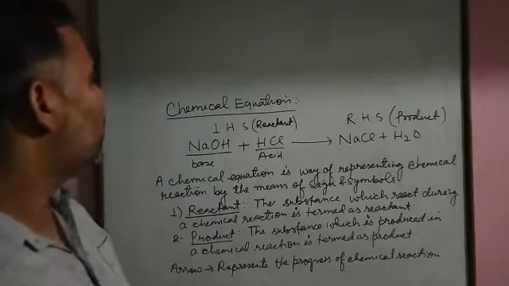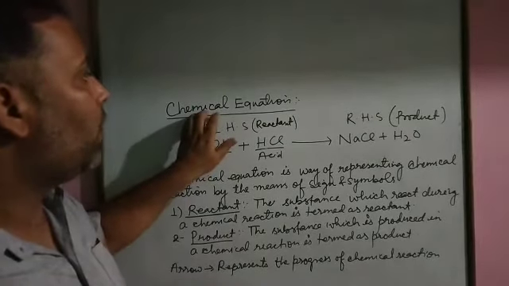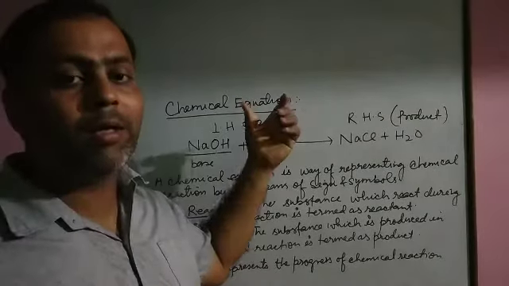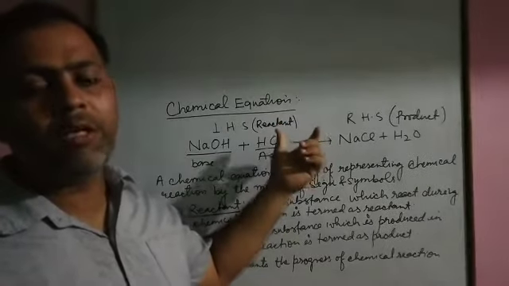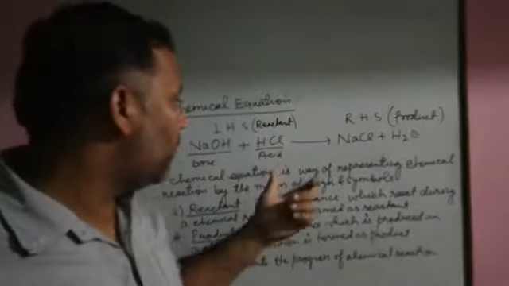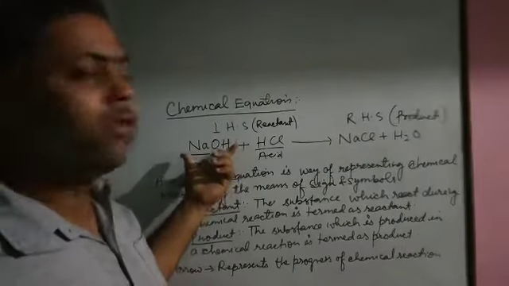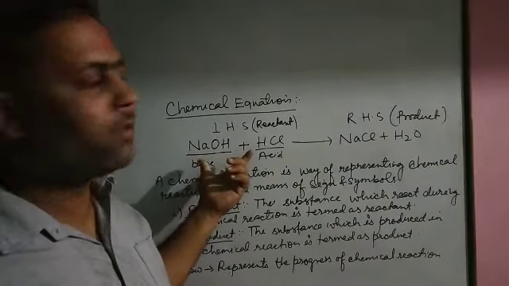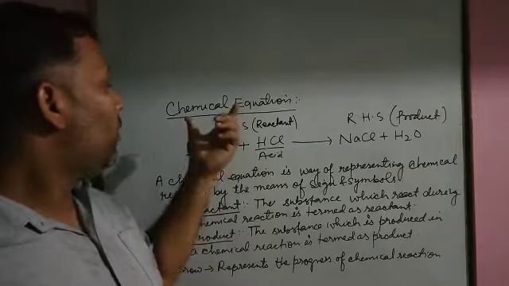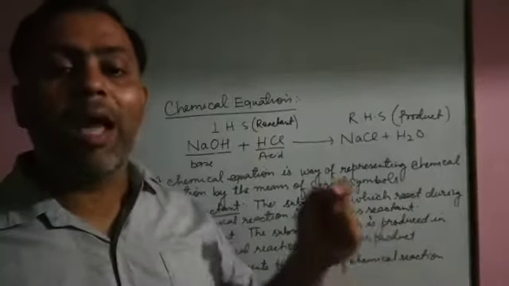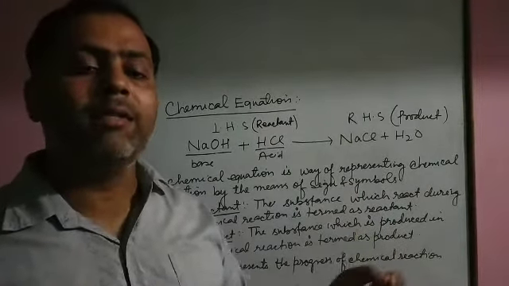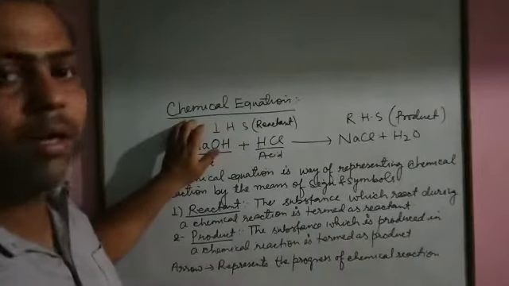What we study here, we see a chemical reaction is represented by means of signs and symbols. Here we represent sodium hydroxide by the symbol NaOH. When we represent the chemical reaction by means of signs and symbols, it is termed as a chemical equation.